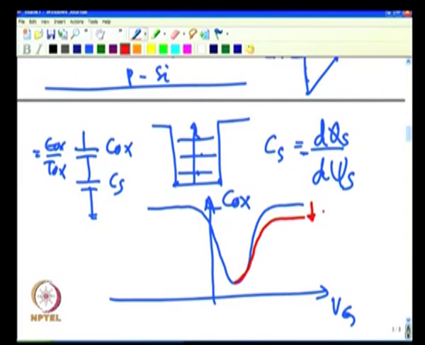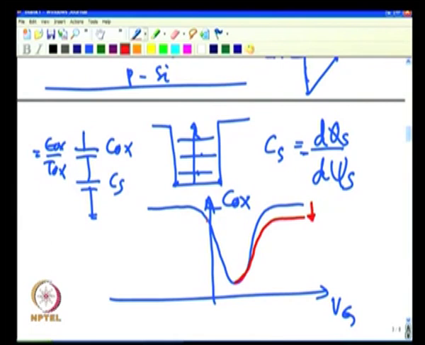It will be less than C ox because C ox is in series with C silicon, and C silicon is not infinity now, it is a finite capacitance, and that will degrade the series combination, and the effective capacitance will go down. So this is a very important manifestation that happens in most of the devices today.